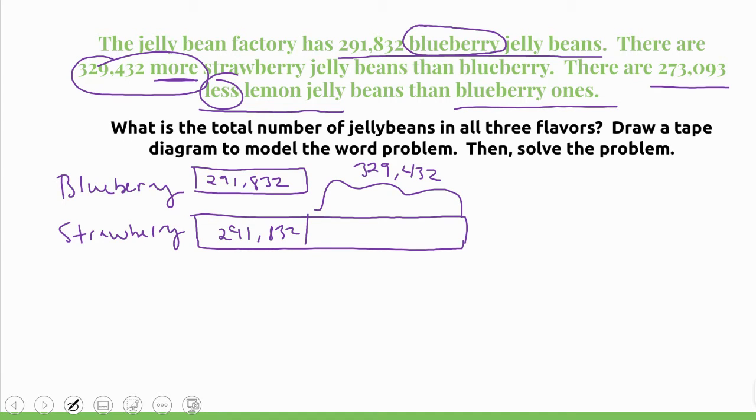Okay, so we've got our blueberry, and then we have our lemon. Okay, so how we're going to draw this is we're going to have that. And actually it's going to be smaller than that.